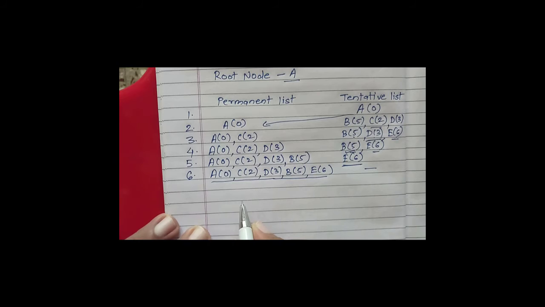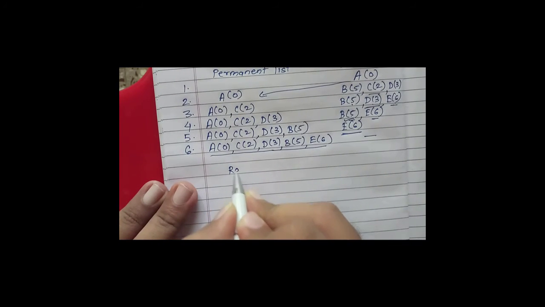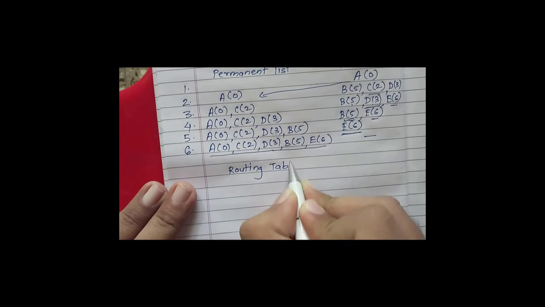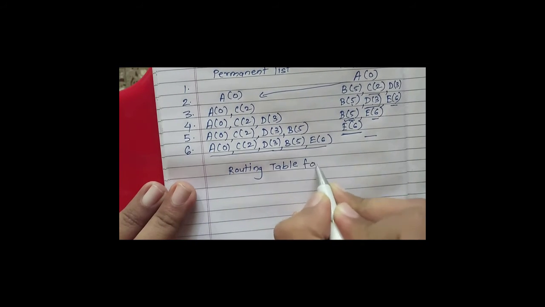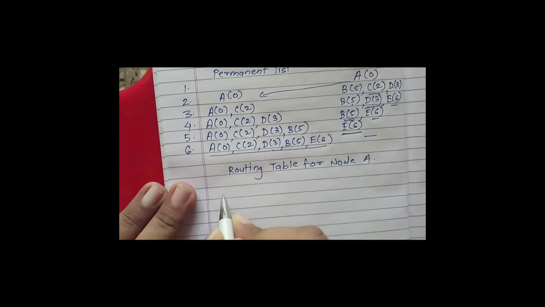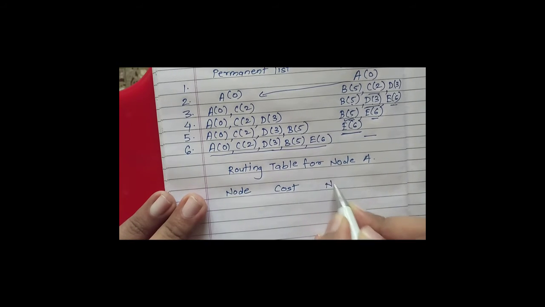for node A. So I will write the routing table for node A. I will have 3 columns: node, then cost, and then the next router.